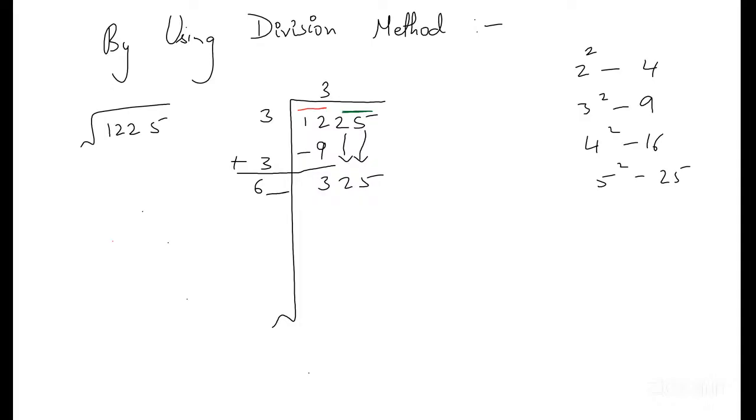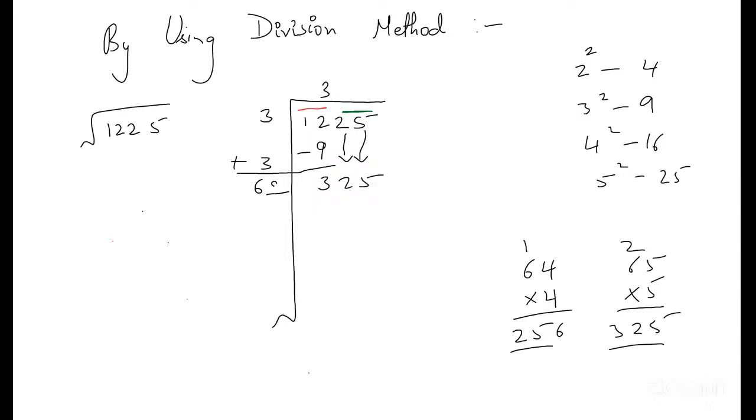So I have to find such a number. Suppose I place 4 after 6 in the blank. I have to multiply 64 by 4 and check how much I'll be getting. 4 fours are 16, 6 carry 1, 4 sixes are 24, plus 1, 25. 256 is smaller. Then let's try with 5. 65 into 5. 5 fives are 25, 5 carry 2. 6 fives are 30, plus 2, 32. 325 exactly.